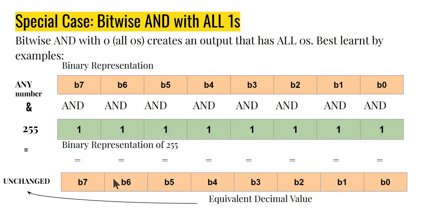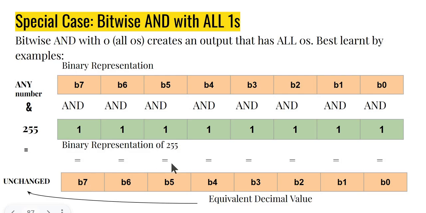On the other hand, when I do an AND with 255, remember 255 is all ones. On every bit, I'm doing an AND with a 1. And when I do an AND with a 1 for a single bit, that bit remains unchanged, which is why the output remains completely unchanged.